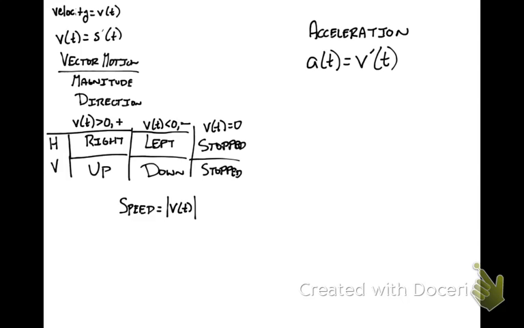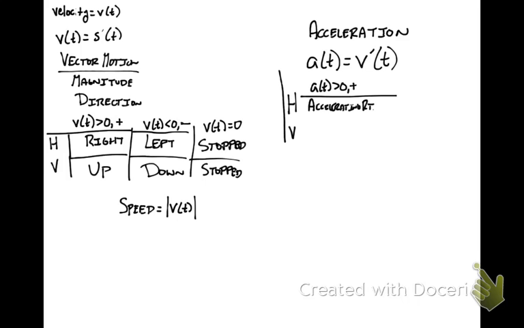Acceleration has some properties similar to velocity in terms of horizontal and vertical lines. If we're on a horizontal line and the acceleration is greater than 0 or positive, this means that the object is accelerating right, which is telling us the direction that it's speeding up.